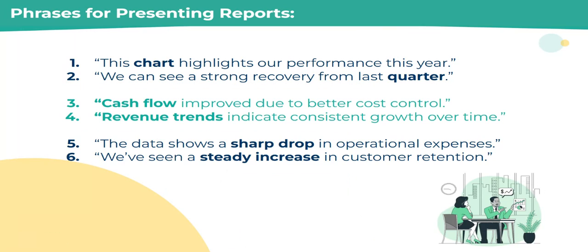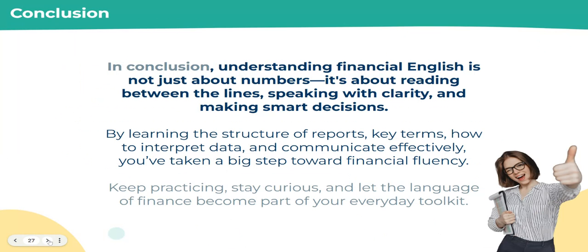Number 4, revenue trends indicate consistent growth over time. Number 5, the data shows a sharp drop in operational expenses. Number 6, we've seen a steady increase in customer retention. Okay, lots of very useful phrases here.